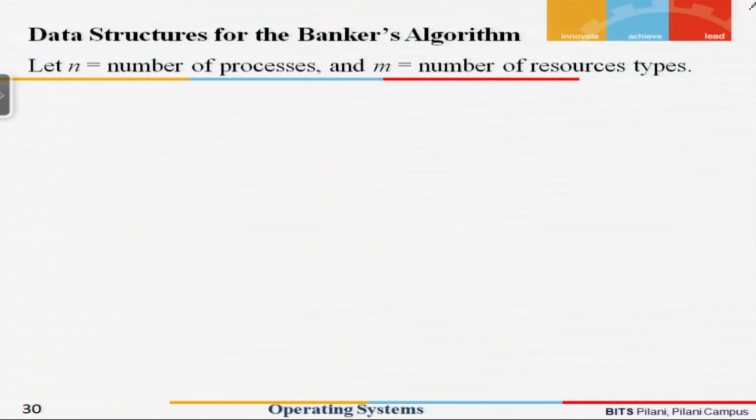For the Banker's algorithm, we are going to show that a number of data structures are required. Let us assume that we have n processes and m resources, where these are different types of resources.